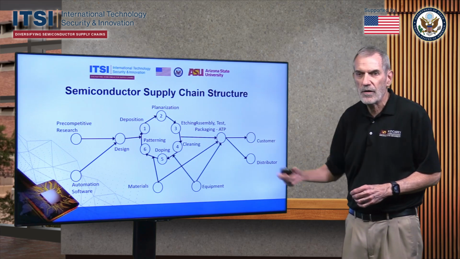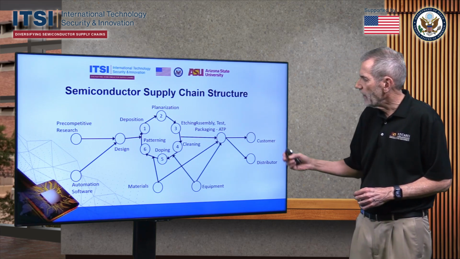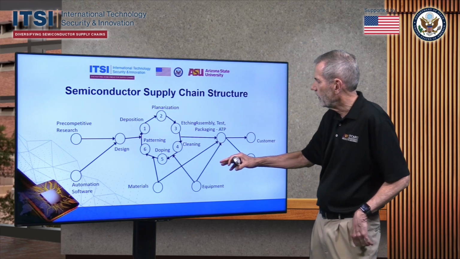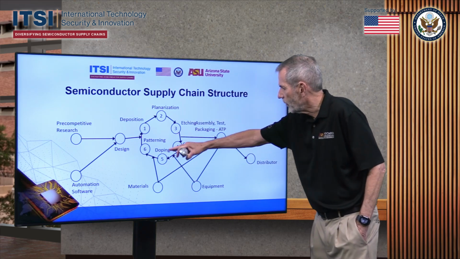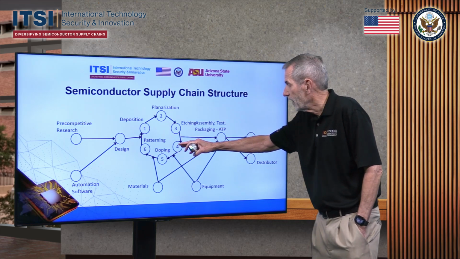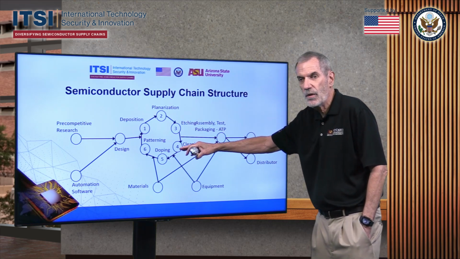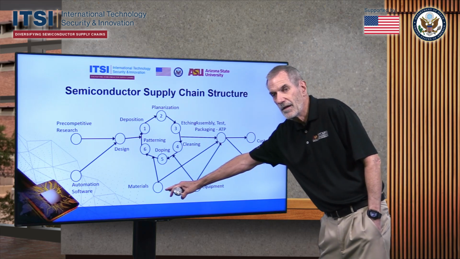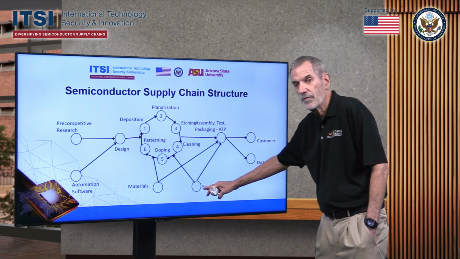So that's pre-competitive research. It's followed by design, and I'll talk more about that in a moment. There's a piece where you do the wafer fabrication that makes up these basic 6 steps that get repeated over and over again. In order to do that, you have to have a lot of materials, and you have to have the right equipment.